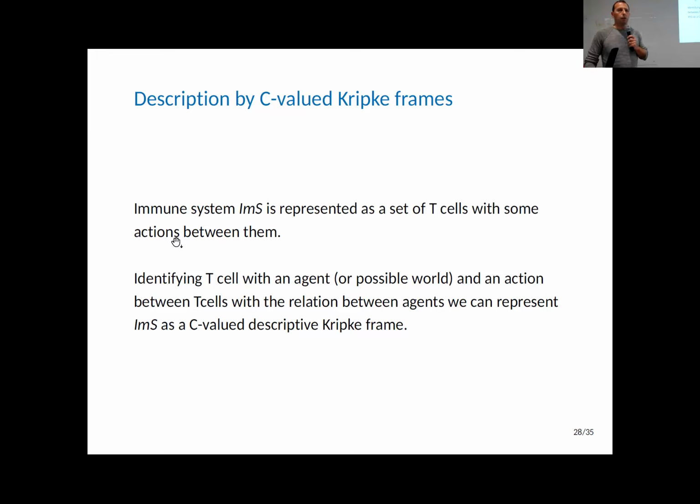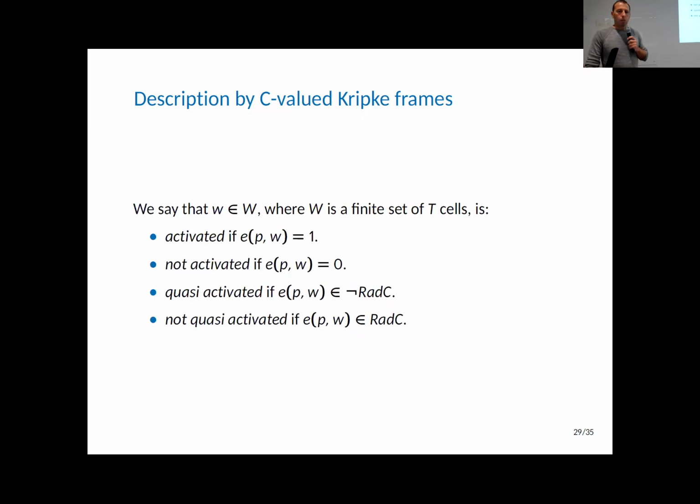And by using this analogy or representation, we can represent this immune system as a C-valued descriptive Kripke frame. We give the notion of activation and quasi-activation, which somehow translates the validity and quasi-validity of the formulas.